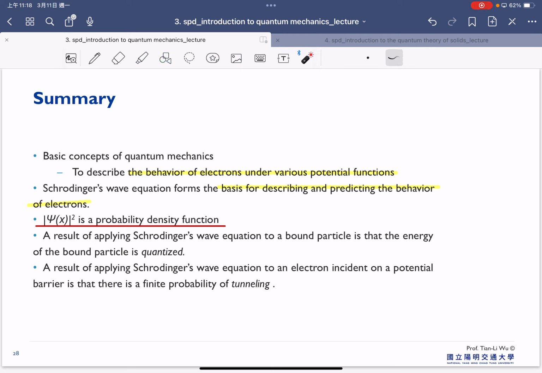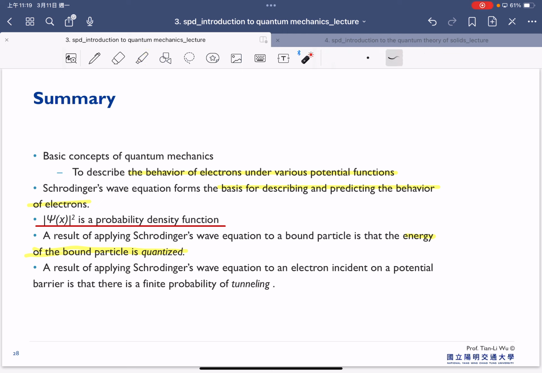And a result of applying Schrödinger's wave equation to a certain particle is that the energy of this particle is quantized. That means the energy level is not continuous anymore; it is in discrete energy numbers.